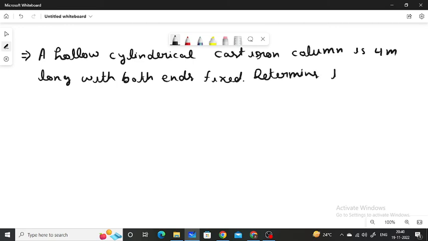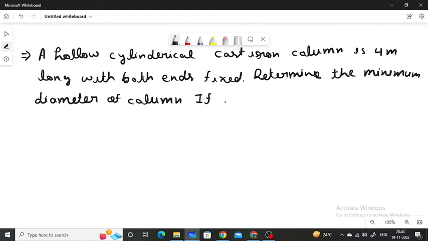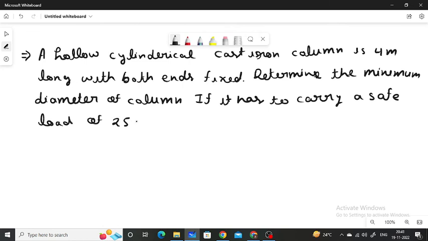Determine the minimum diameter of column if it has to carry a safe load of 250 kilonewton with a factor of safety of 5.